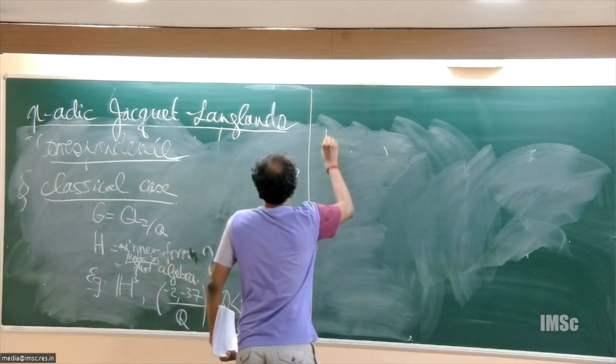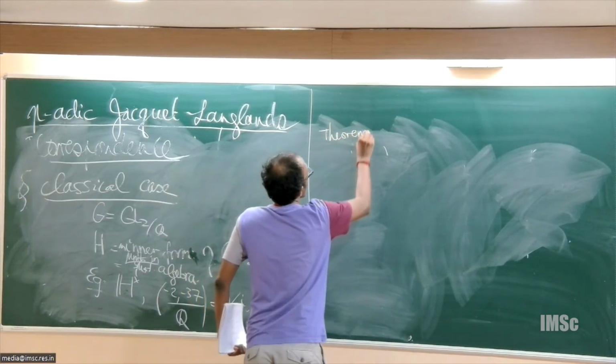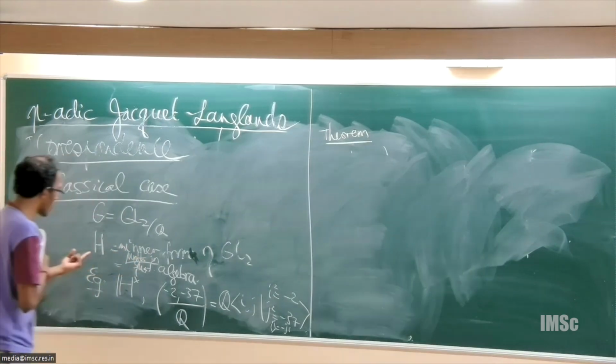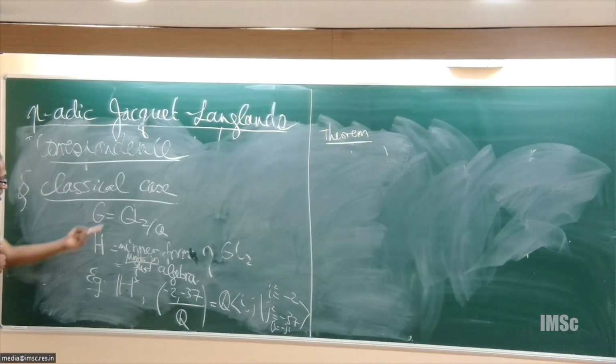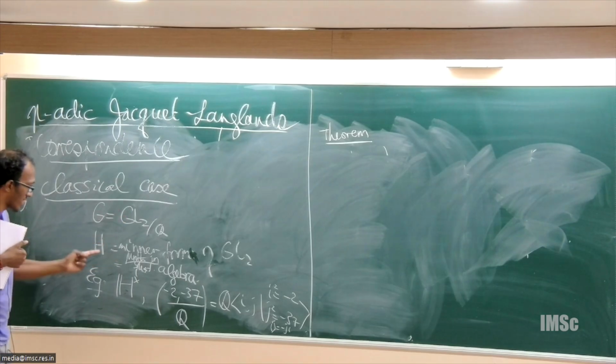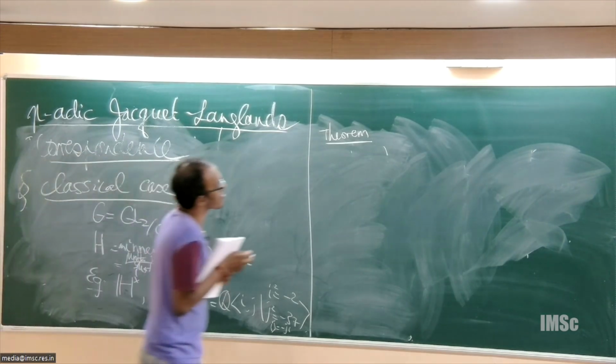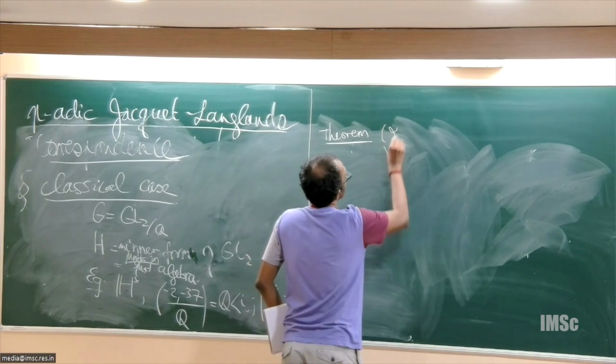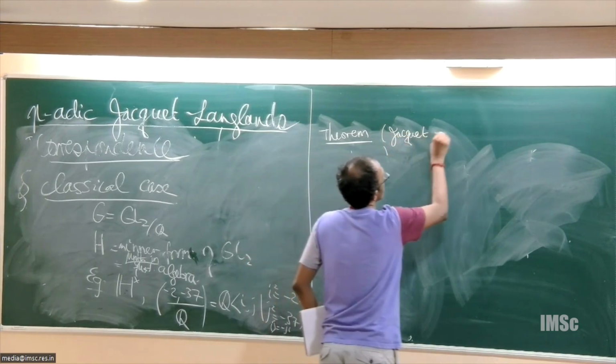It says the following. It says that all automorphic representations on H arise from automorphic representations on G. Well, only certain automorphic representations of G will give you ones on H. And so the theorem of Jacquet-Langlands is a condition that characterizes this transfer.